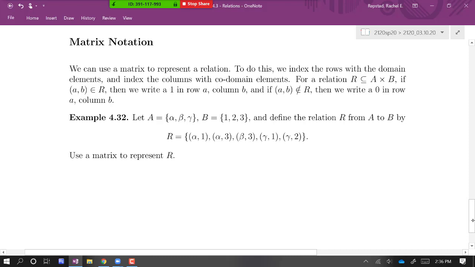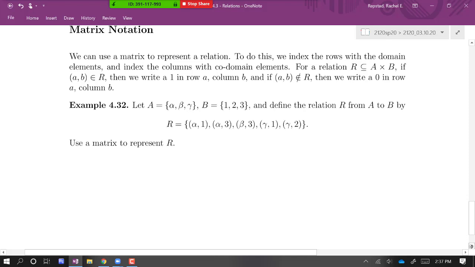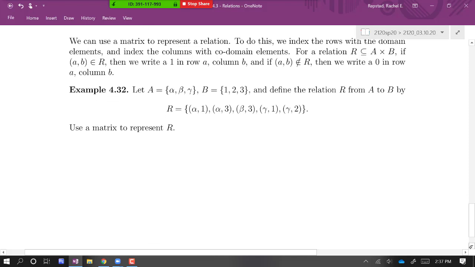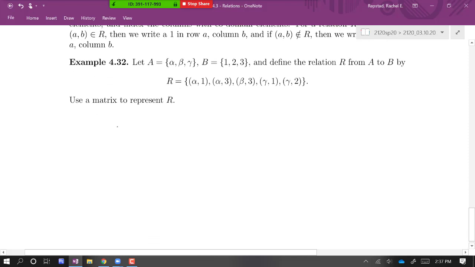So with matrix notation, what we do is we index the rows by the domain elements, and we index the columns by the codomain elements. And here's what I mean by that.